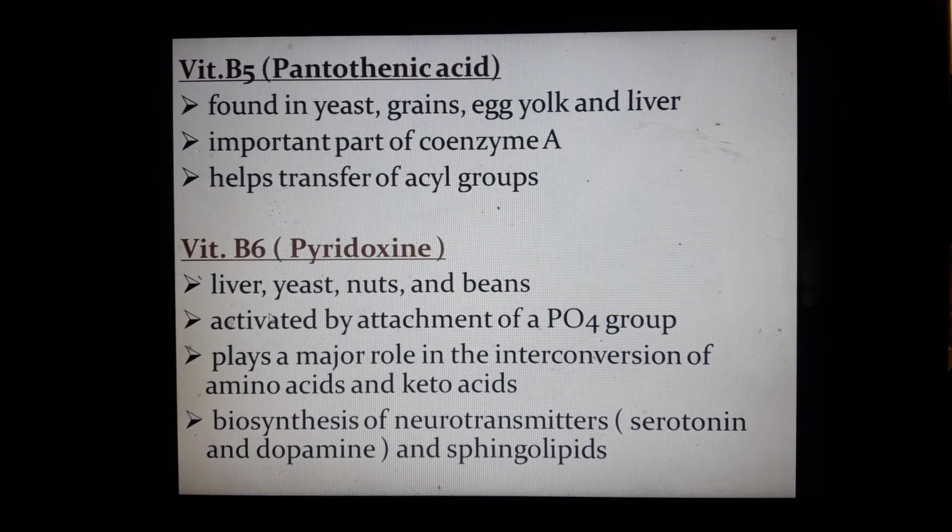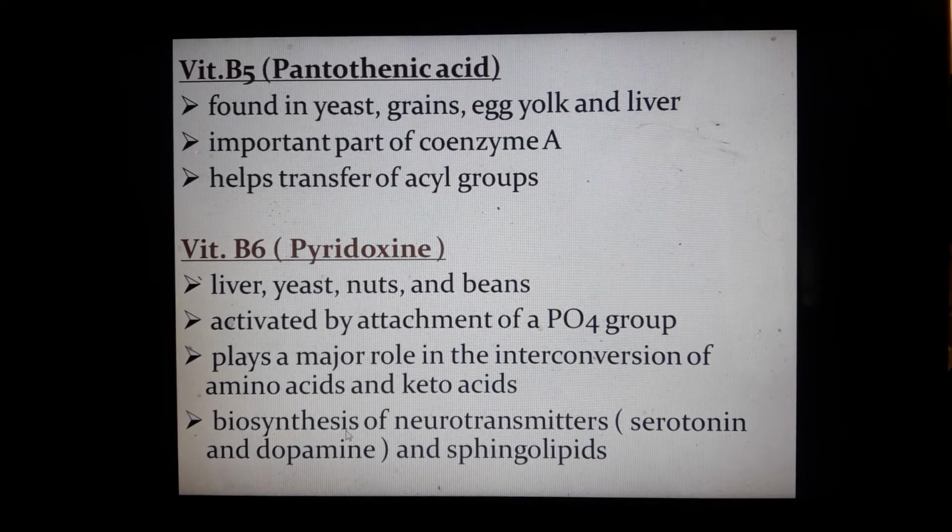Vitamin B6, pyridoxine, is found in liver, yeast, nuts, and beans. It is activated by attachment of a phosphate group. They play an important role in the interconversion of the amino group and the keto acid groups. Okay.